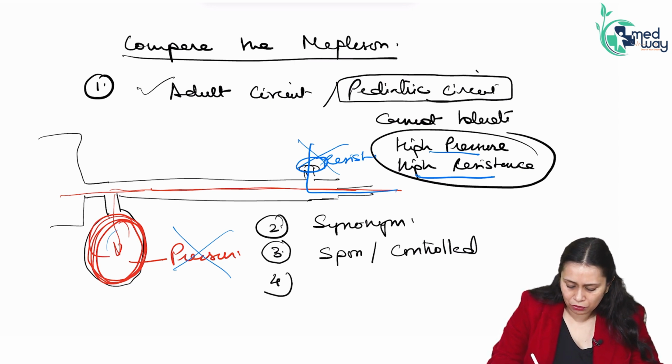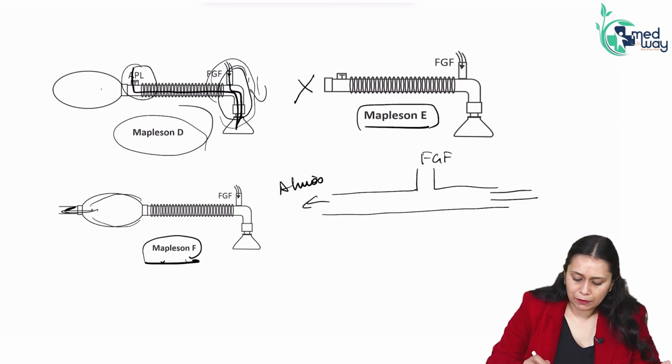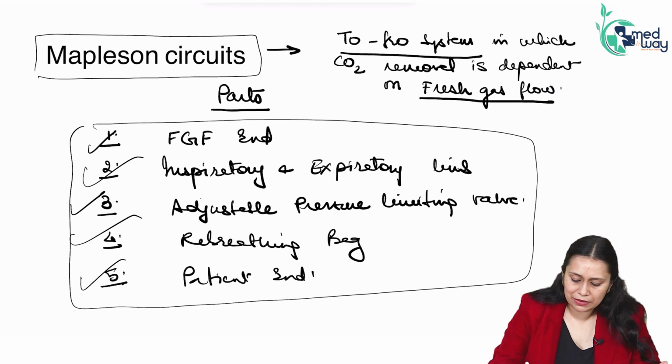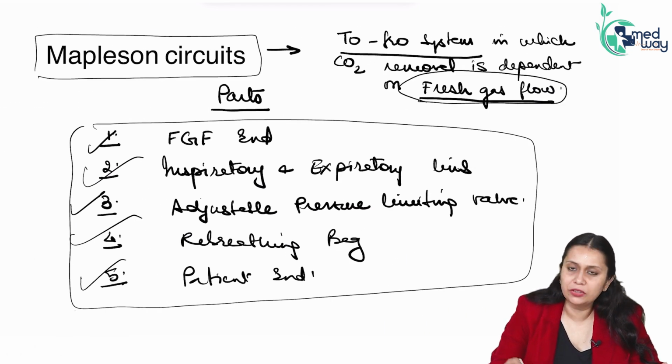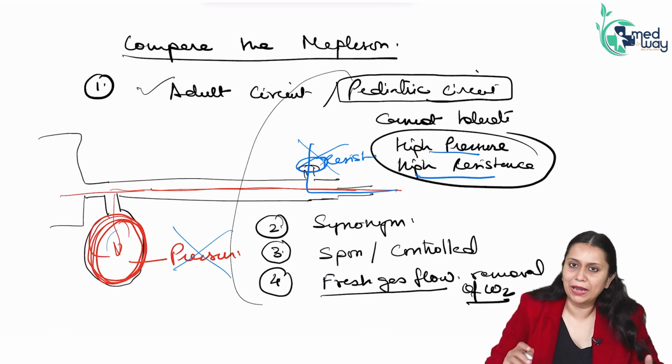And then we need to know what fresh gas flow we need to keep in the circuit for the removal of carbon dioxide from the circuit. I told you, Mapleson circuits depend upon the fresh gas flow for CO2 removal. So what fresh gas flow we have to keep to remove the carbon dioxide. So these are the 4 important points we have to compare the circuits on.